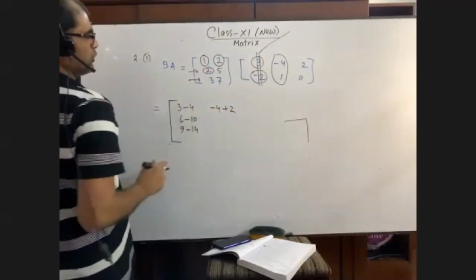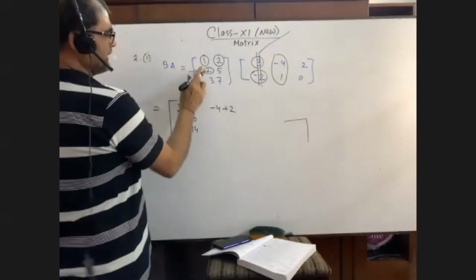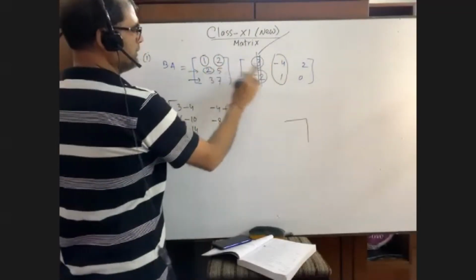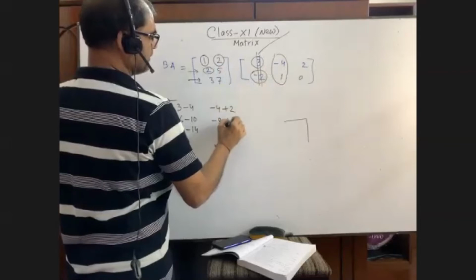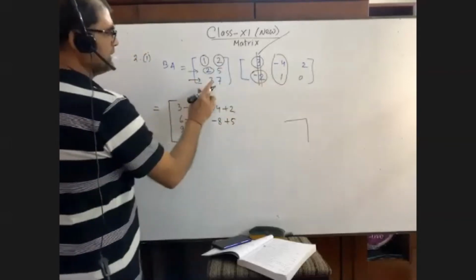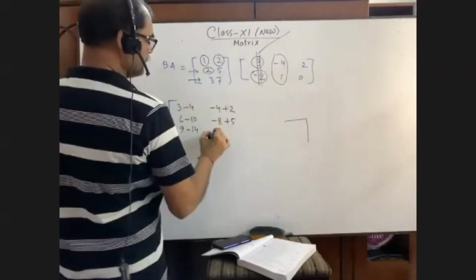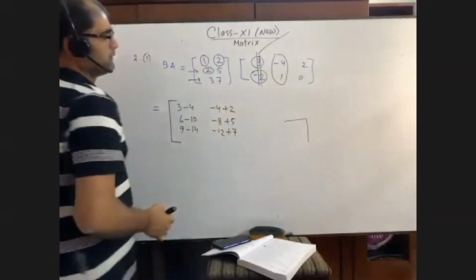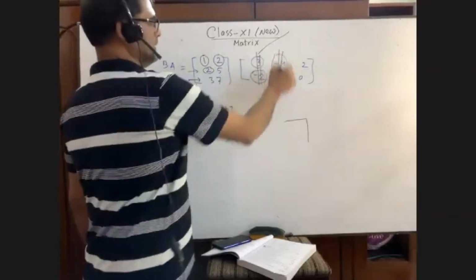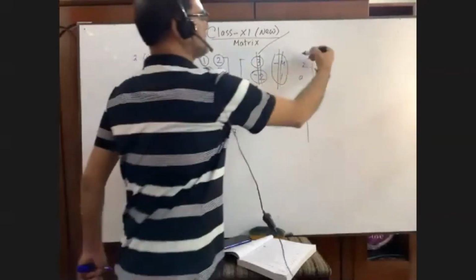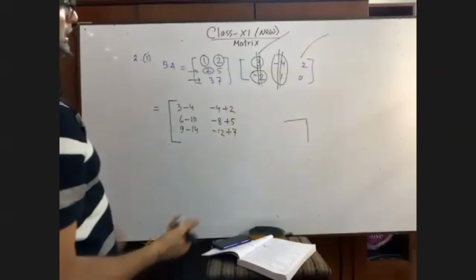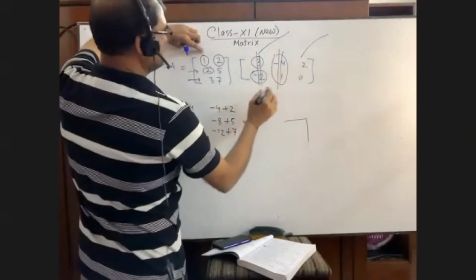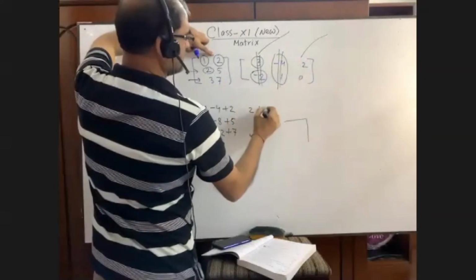Go to the second row. 2 into minus 4, minus 8. 5 into 1, that is plus 5. Go to the third row. 3 into minus 4, minus 12. 7 into 1, that is plus 7. So it is also done. Now we are going to the third column. In the same way, you multiply 1 into 2, that is 2. 2 into 0, that is plus 0.